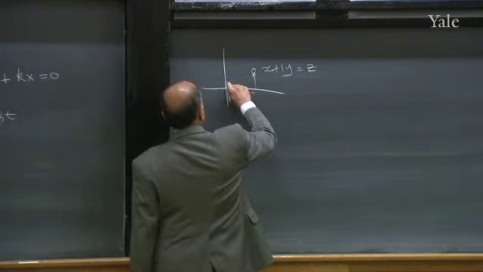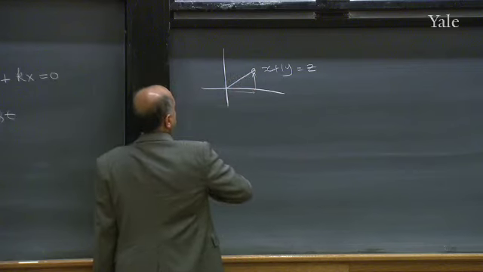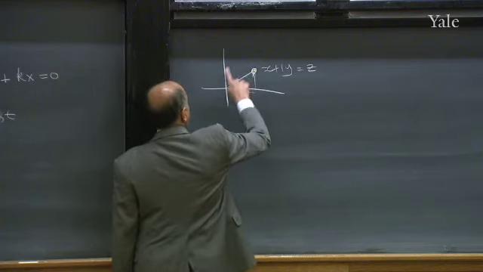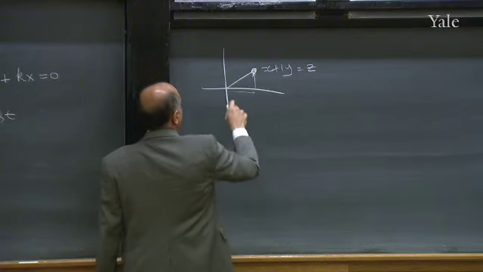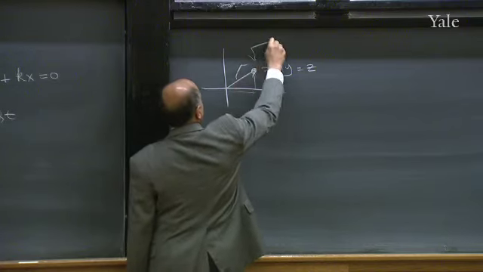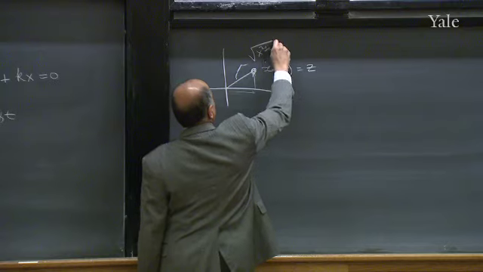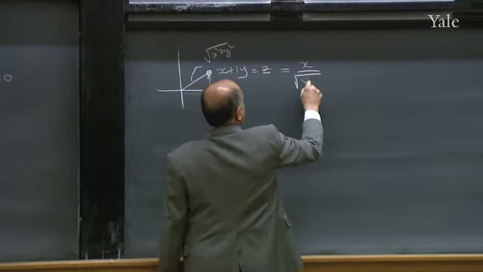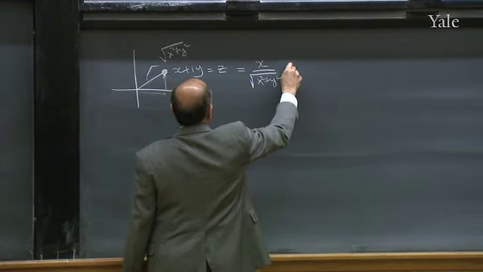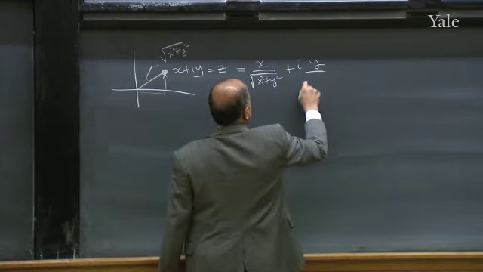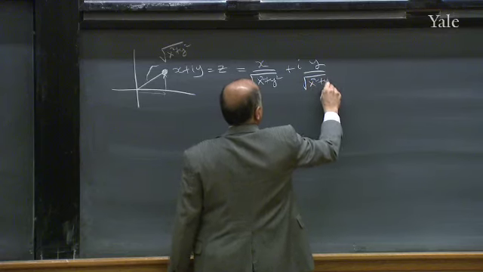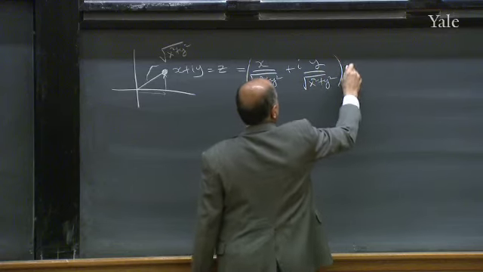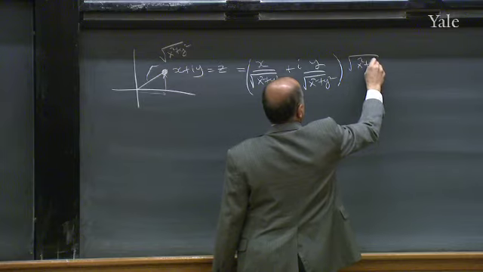But now, let us find the length of that. The complex number is a single point in the complex plane. The length of that is the square root of x squared plus y squared. So I can also write z is x divided by the square root of x squared plus y squared, plus i times y divided by the square root of x squared plus y squared, times the square root of x squared plus y squared.